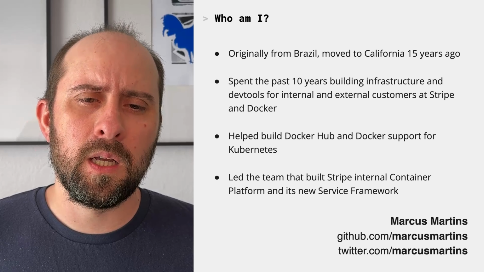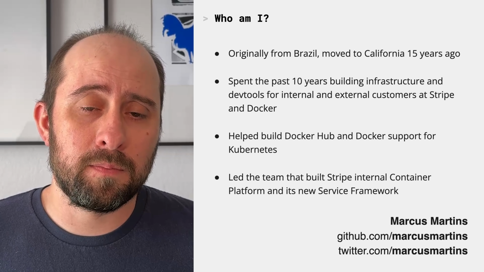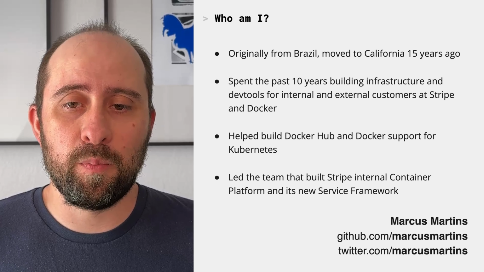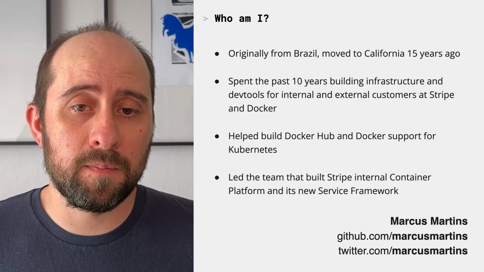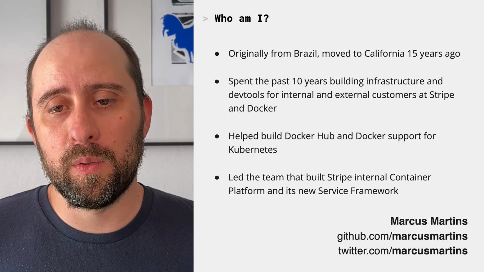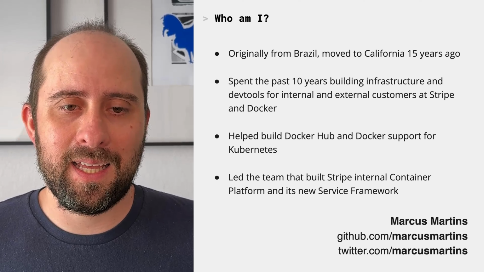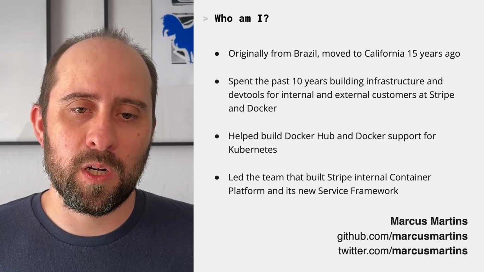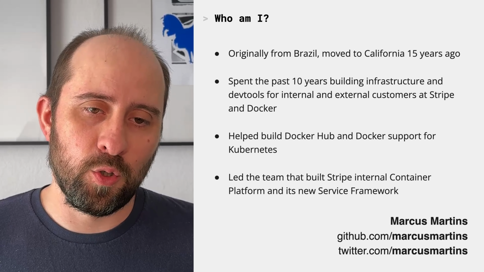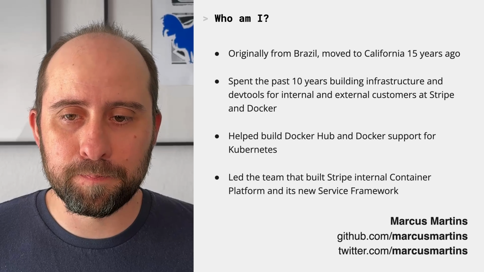At Docker, two of the projects that I was involved in were building Docker Hub and then adding support for Kubernetes in Docker. That led me to Stripe, where I built its container platform and helped build the framework that Stripe was using to migrate from its big Ruby monolith to a more service-oriented architecture.